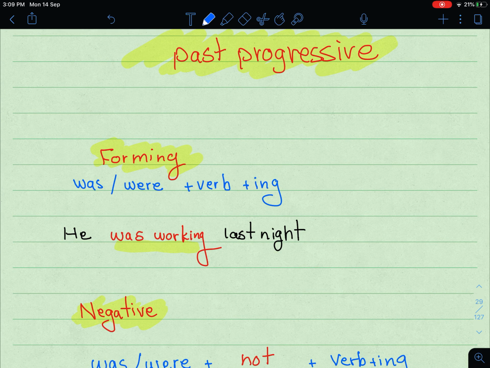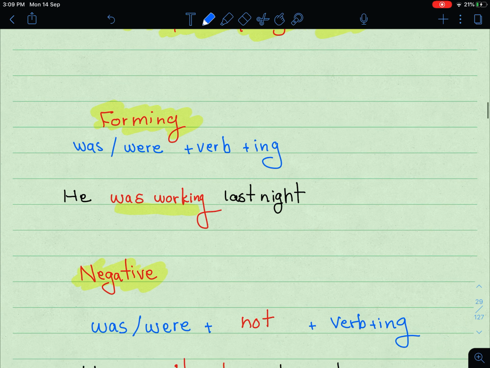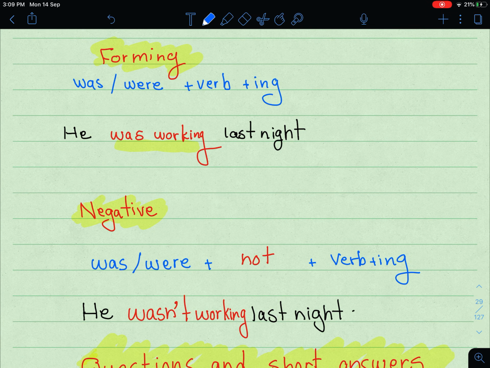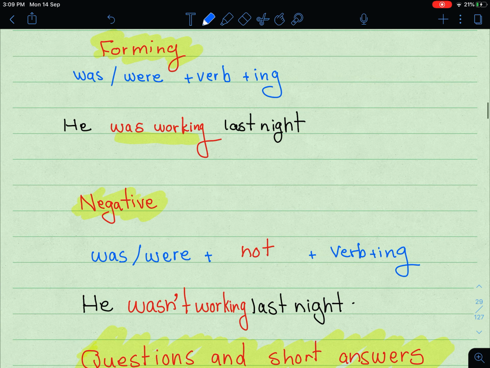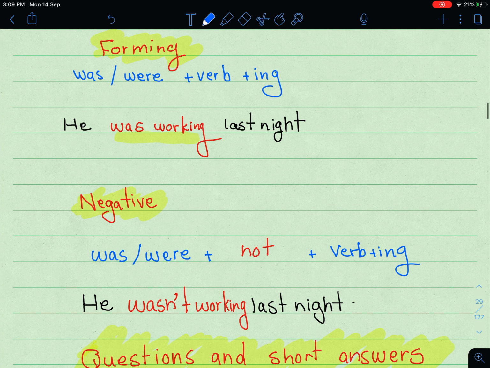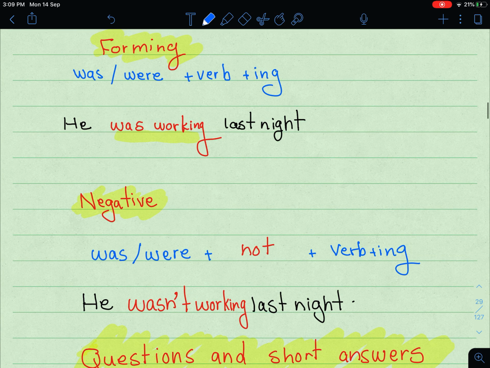Past progressive من اسمه past معناها ماضي، progressive معناها اللي هو مستمر. The formation of the past progressive is, what is it? Was or were plus the verb plus ing. طبعا الverb يكون في المصدر وأضيف ing بالصيغة الصحيحة. وانتوا عارفين إن was مع المفرد were مع الجمع، وعارفين الضمائر اللي تجي مع كل واحد.